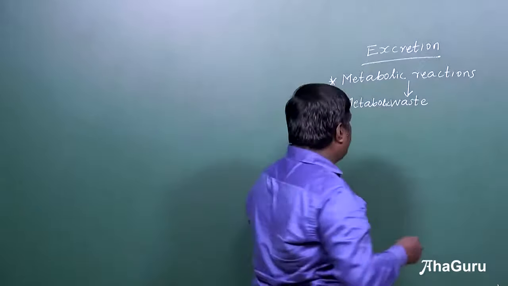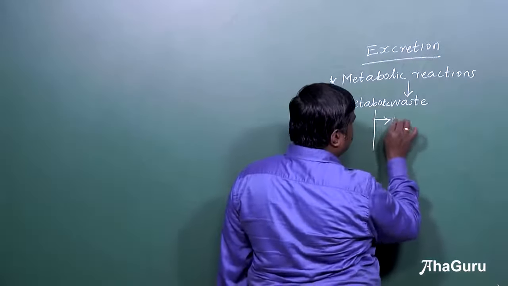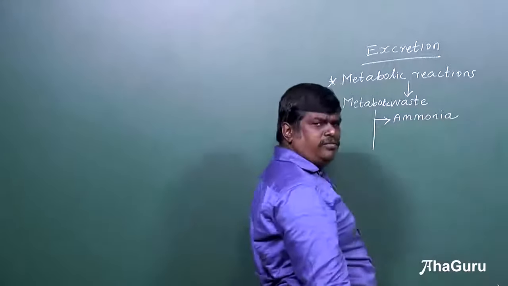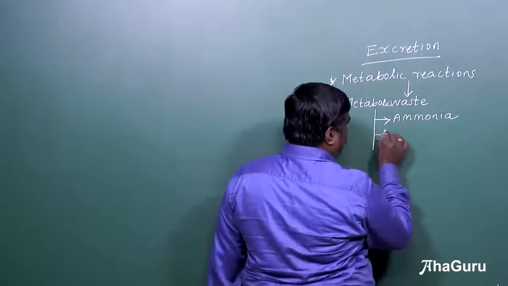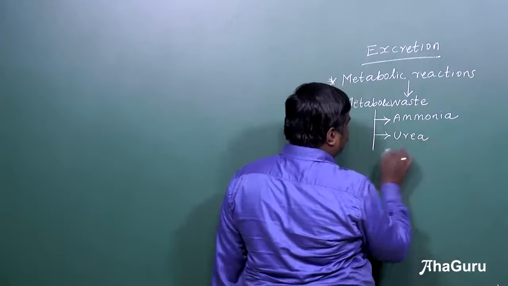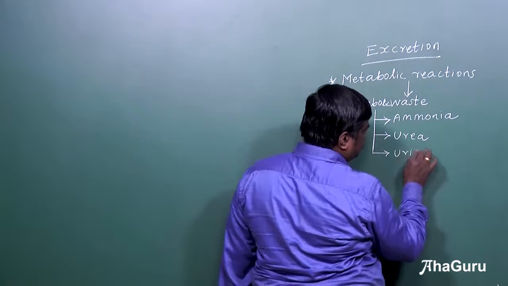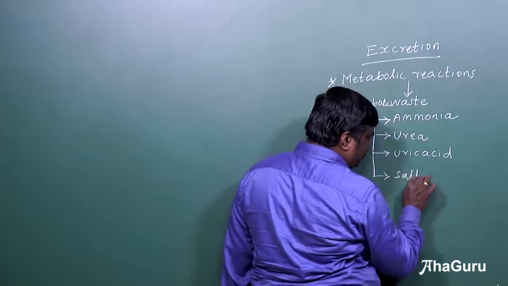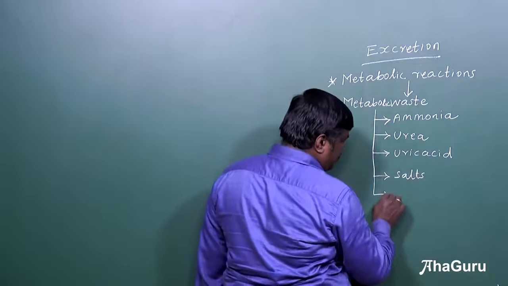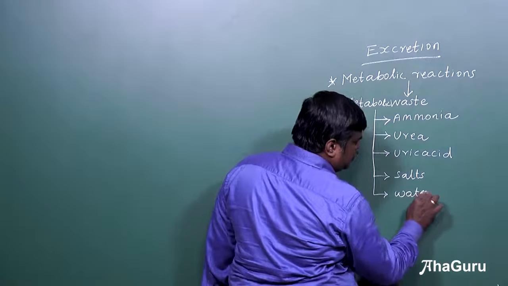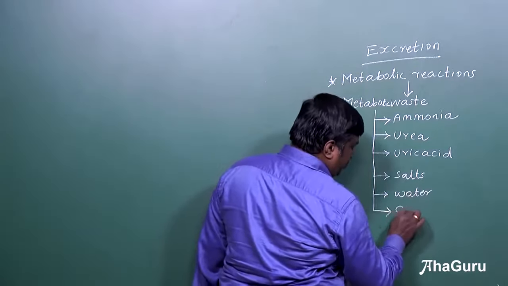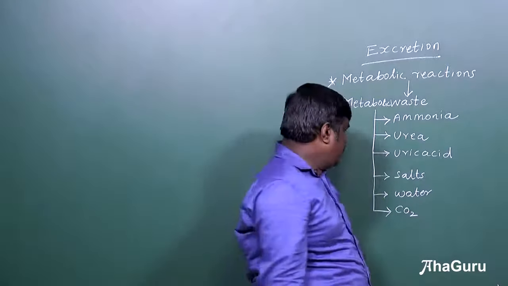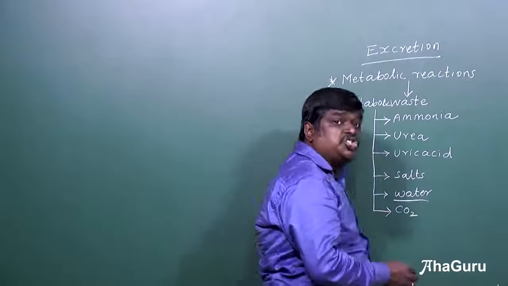This metabolic waste includes three things: ammonia in some organisms, urea in some organisms, uric acid in some organisms. Apart from that, certain salts are produced in our body, and sometimes even water and carbon dioxide. These are some of the wastes produced in our body. Even in plants, water can be a waste.